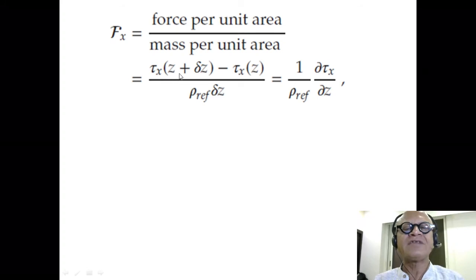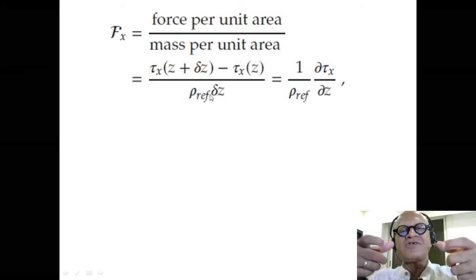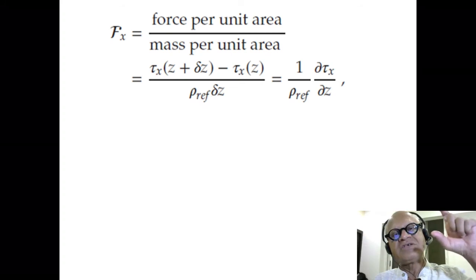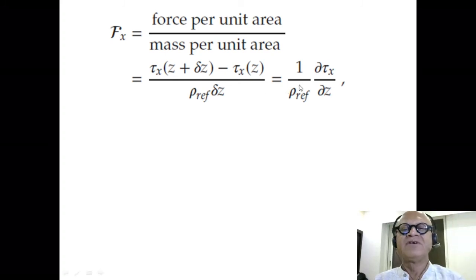So tau x at z plus delta z minus tau x at z divided by rho ref delta z. So with unit area, rho ref times delta z will give us the mass. Delta z times unit area is the volume. Rho ref gives us mass. And that can be written, if delta z is small enough, as 1 over rho ref d tau x dz.